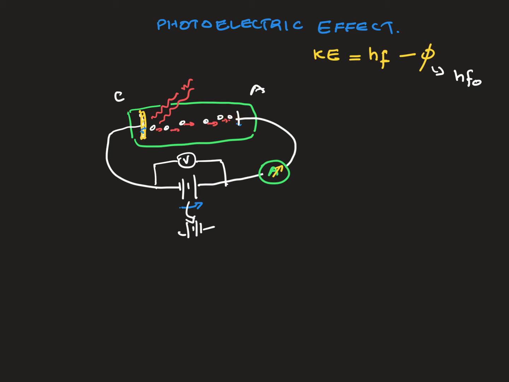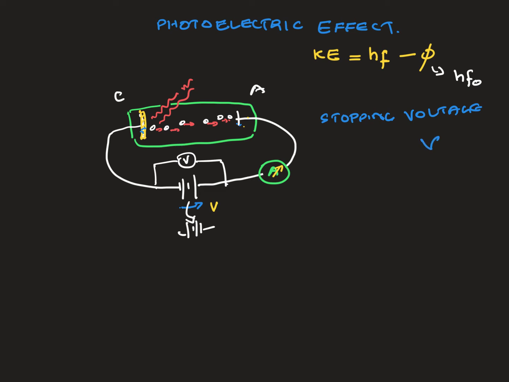Let's say the voltage that we apply in the reverse direction, to stop the electrons or get them back from the anode to the cathode, is equal to V. We call this the stopping voltage, because we are stopping the electrons coming to the anode and sending them back to the cathode.